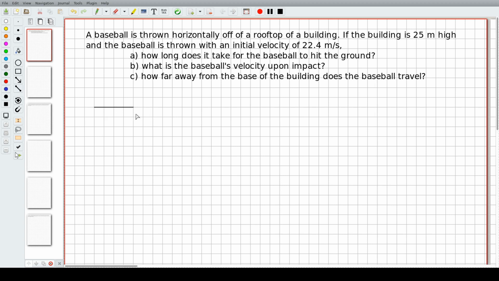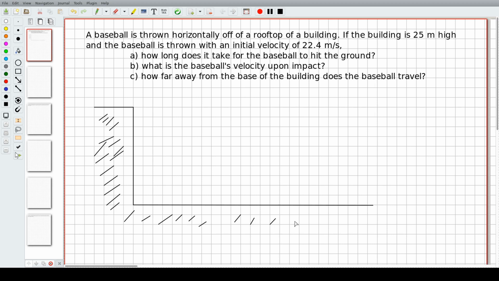So let's pretend that this right here is the rooftop of your building. Down over here somewhere, this is the ground like that. So if this is the rooftop, and let's add a little bit of texture to it. There's the ground like that.